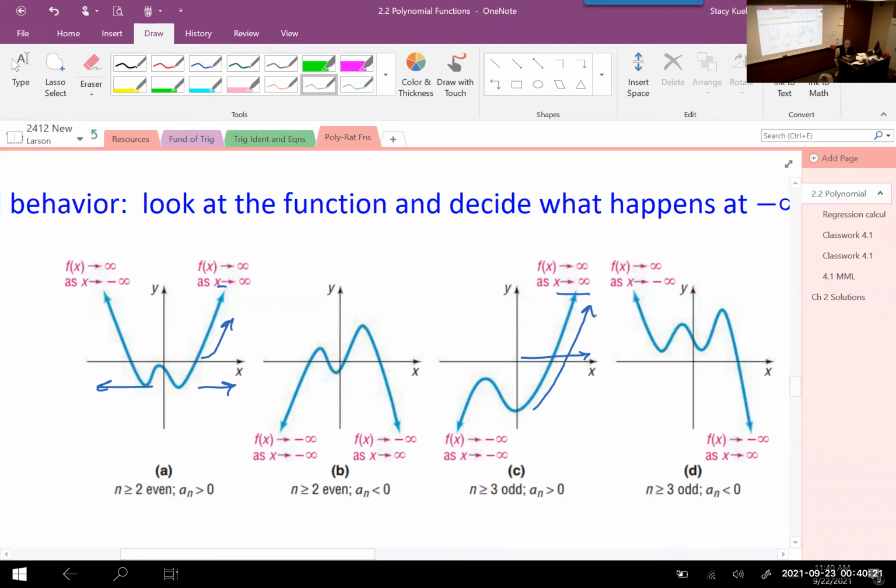So as x goes to infinity, the function goes to infinity. As x goes to negative infinity, the function is going to negative infinity as well. It has a little bit going on here in the middle, but that's all right. The end behavior is what we're talking about. What's happening towards the end, as we go off forever.